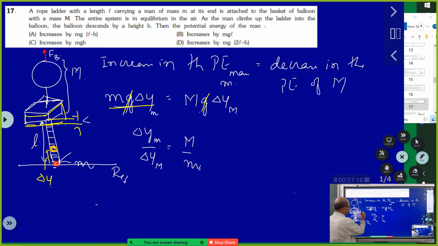So this is what I call delta y capital M, and this is what I am calling delta y m. Anyway, this person will travel L distance.